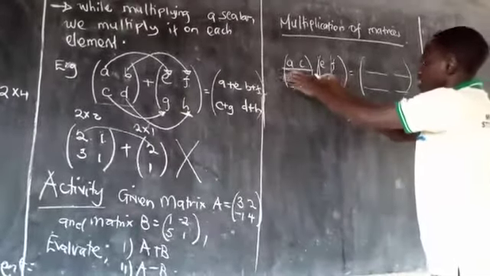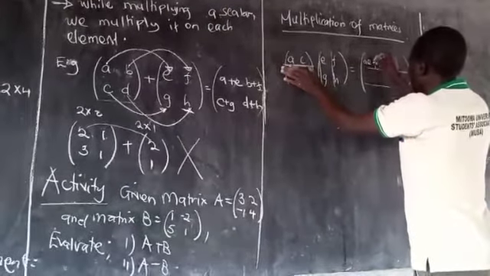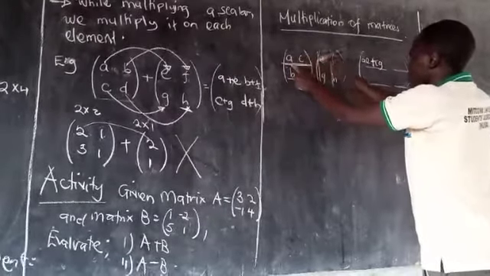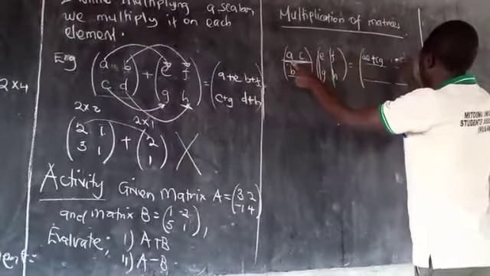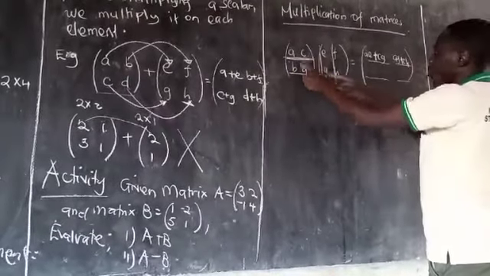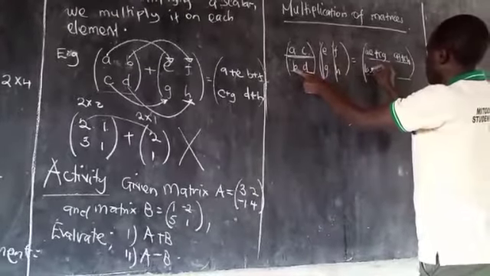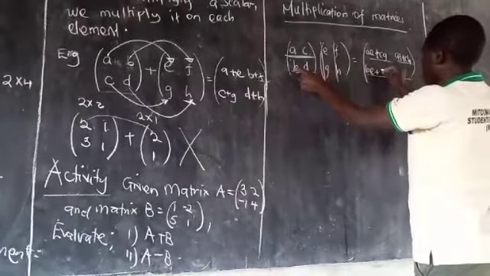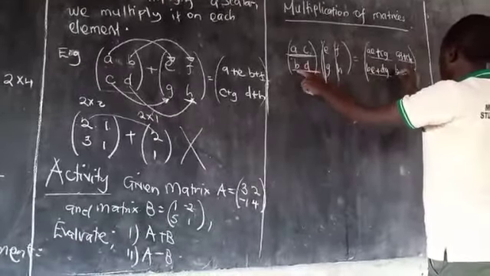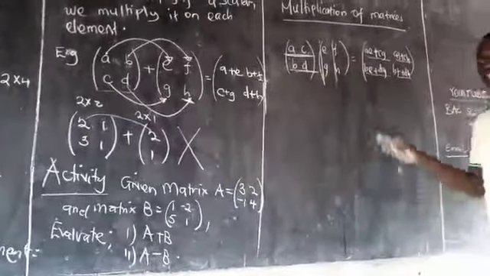It implies that we shall have A times E, which is AE, plus C times G, which is CG. Then this row by this column gives AF plus CH. Then BE plus DG, and then BF plus DH. And that will be the answer.